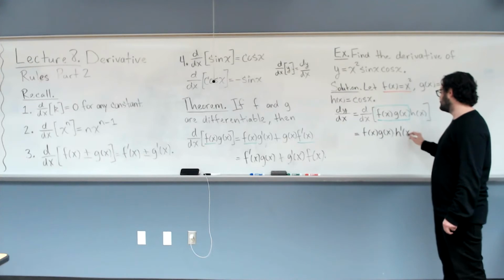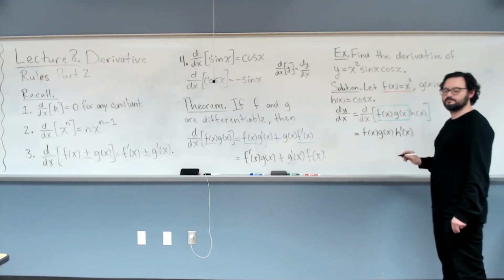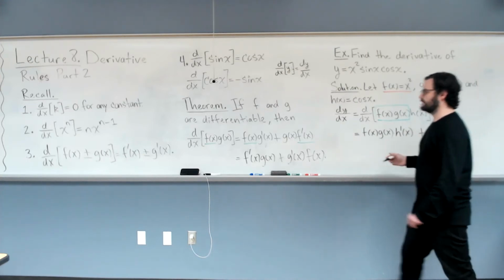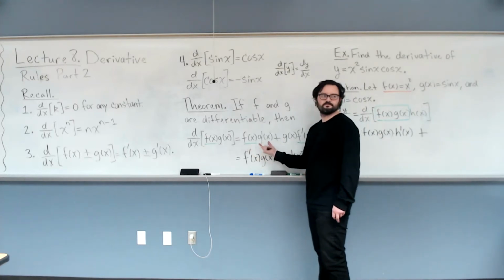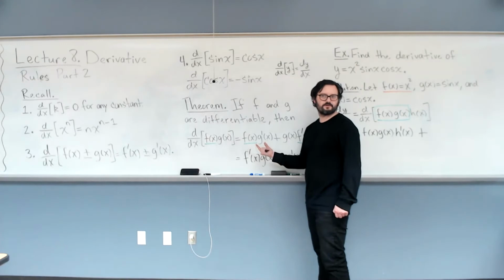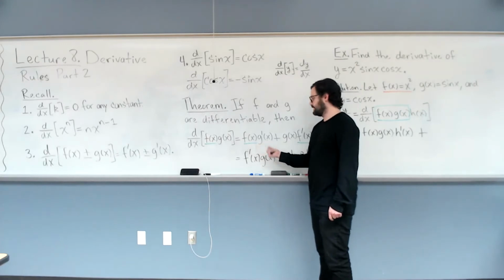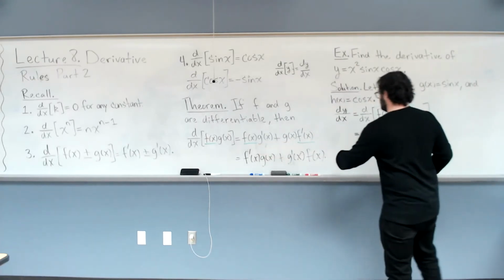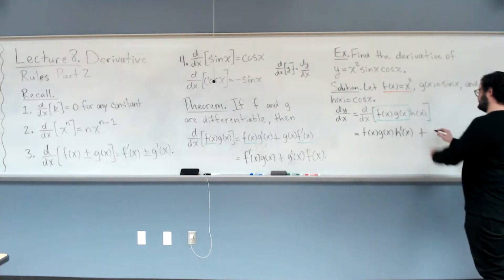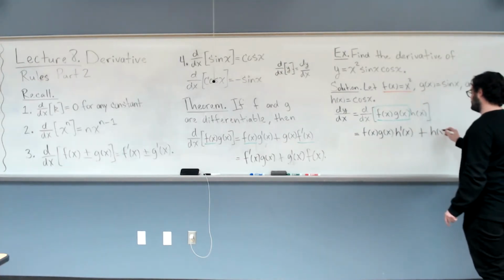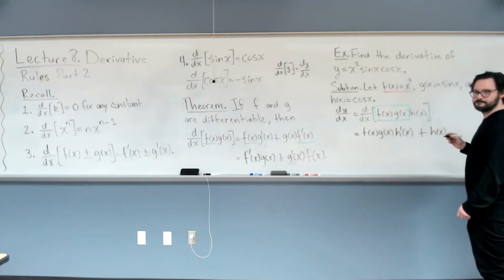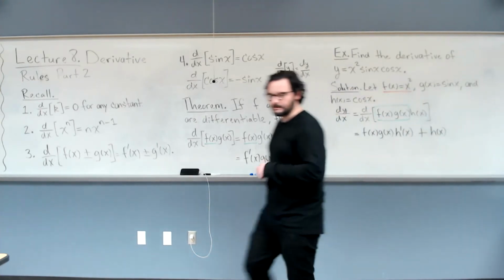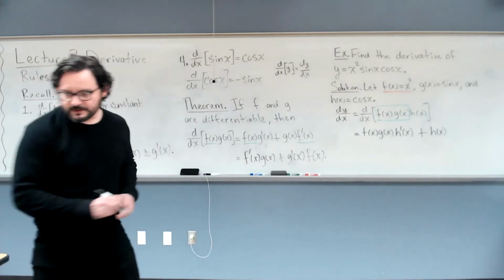H prime of x. That's the derivative of the second one times the first one. Is this okay? Then I have to add the second function times the derivative of the first. Hopefully I'm not going off screen. I think I still have some room.